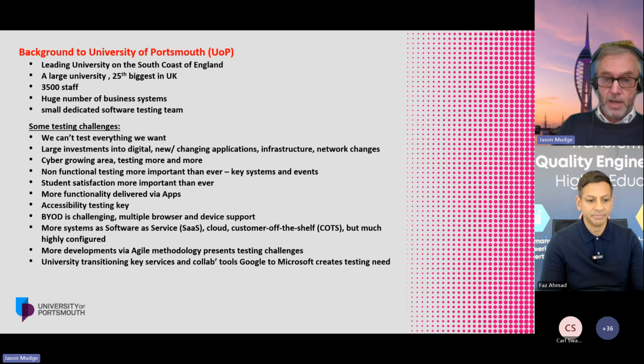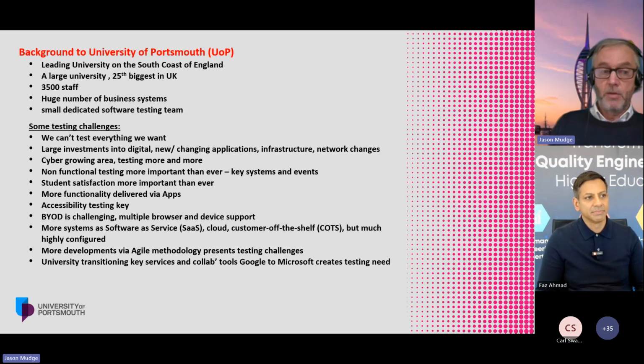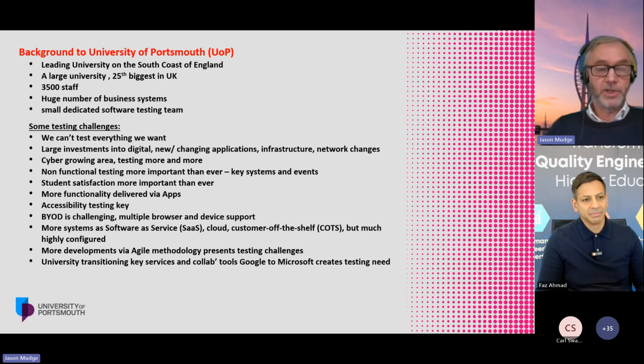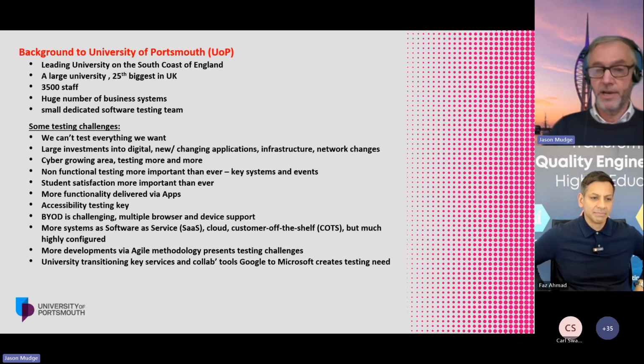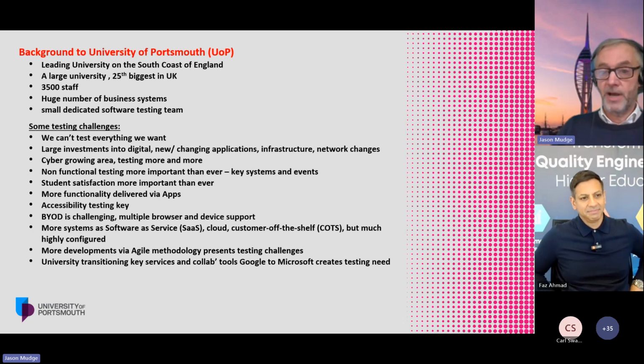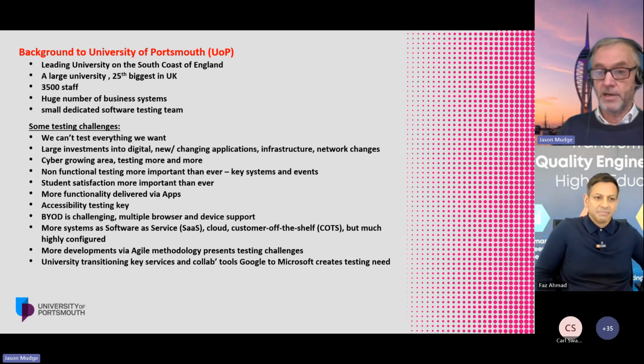We're doing more and more development at the university via Agile. The university is becoming much more agile. We don't tend to deliver our developments waterfall so much now. We're taking an iterative approach to solution development, and obviously testing has to change to fit that.